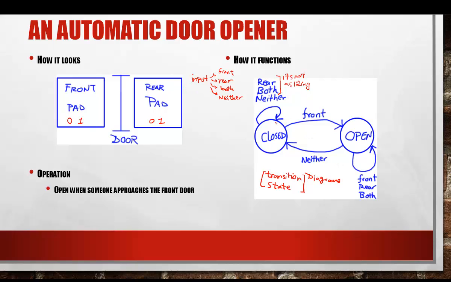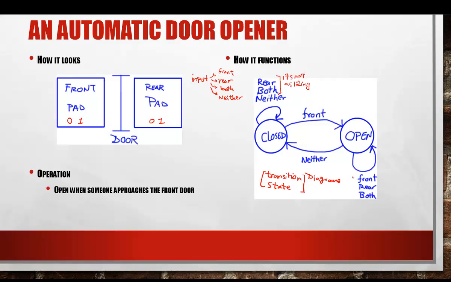Now, if the machine is in the state closed, meaning the door is closed, and somebody appears at the front door, then it transitions from the state closed to the state open, therefore opens the door, and it remains in the open state. It keeps the door open as long as somebody's at the front door. So if the person who came to the front door stays at the front door, we keep the door open.